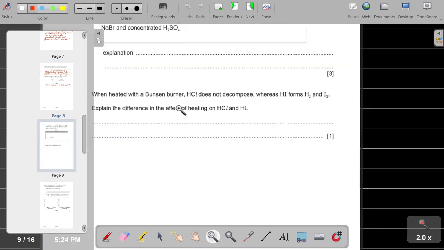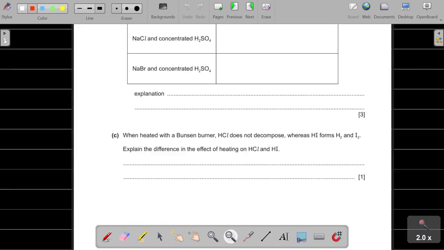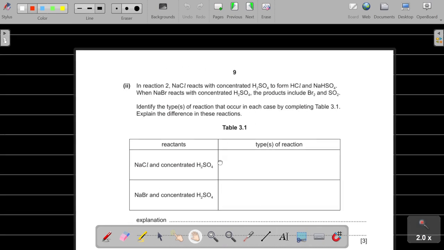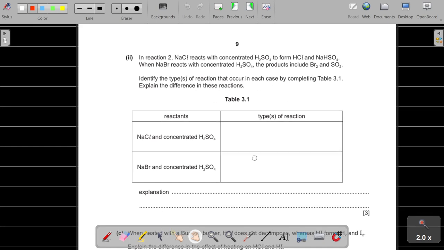Now we have the next question. NaCl reacts with concentrated H2SO4 to form HCl and sodium hydrogen sulfate. When sodium bromide reacts with concentrated sulfuric acid, the products include bromine and SO2. Identify the type of reaction that occurs in each case by completing table 3.1.